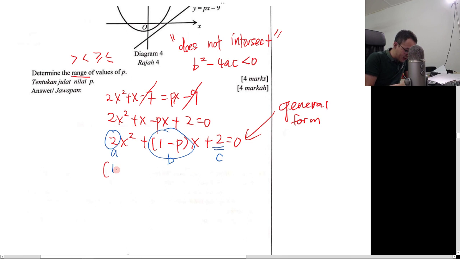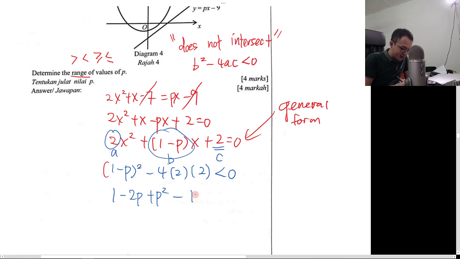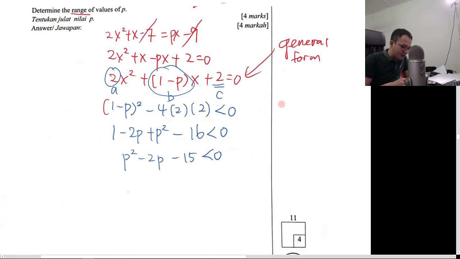Alright, so I will do b squared minus 4ac less than 0. Then I will get a range here. So (1 minus p) squared minus 16 less than 0. So 1 minus 2p plus p squared minus 16 less than 0. Then p squared minus 2p minus 15 less than 0. Then I will solve this by factorizing it.